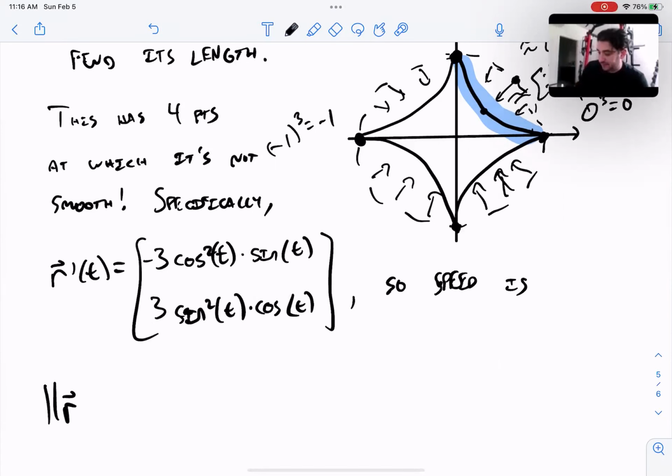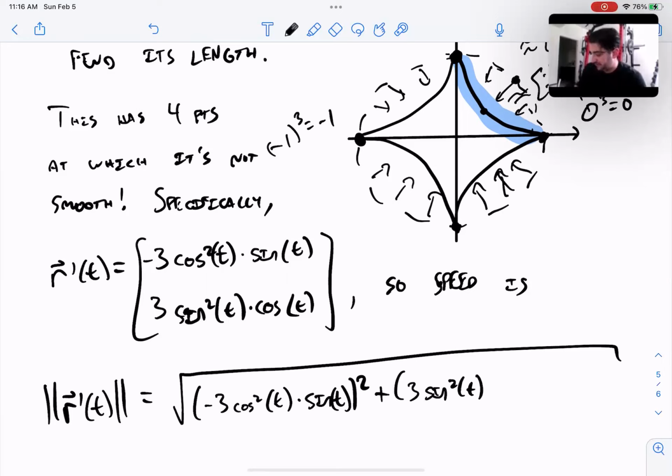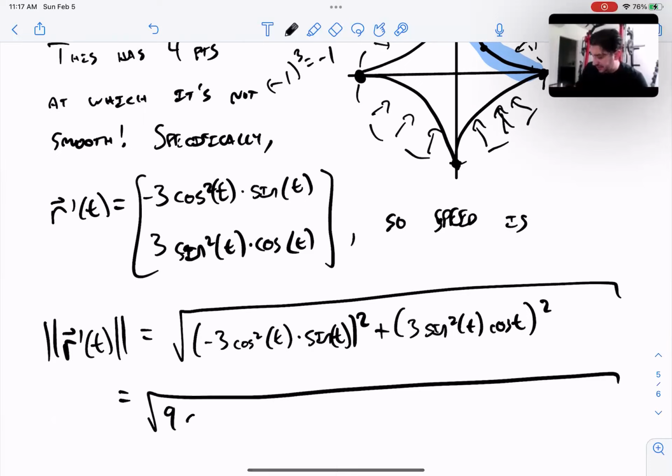So speed is the magnitude of that, the square root of the sum of squares. So what does this become? It's 9 cosine to the fourth t sine squared t plus 9 sine to the fourth t cosine squared t.